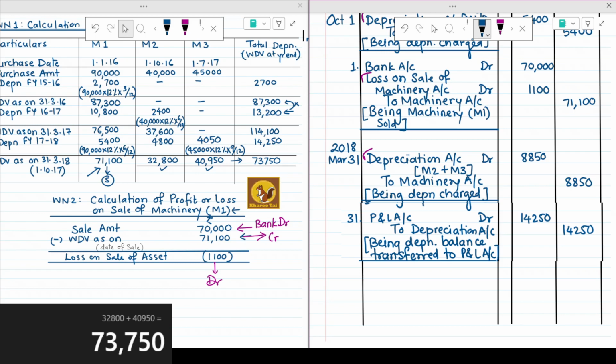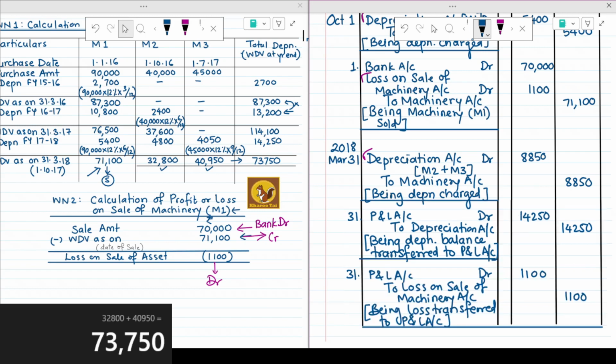So we'll transfer 14,250, being depreciation balance transferred to P&L account. And after this, we'll pass the loss entry for 1,100. P&L account debit 1,100 to loss on sale of machinery account, being loss transferred to P&L account.